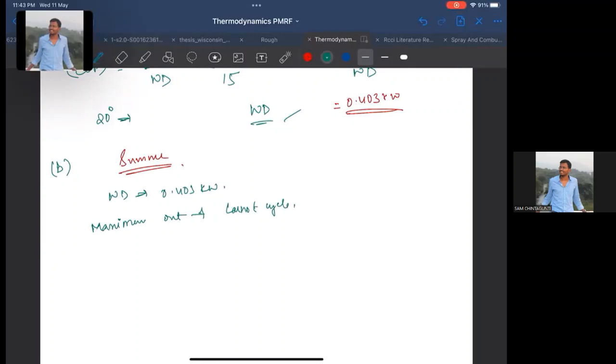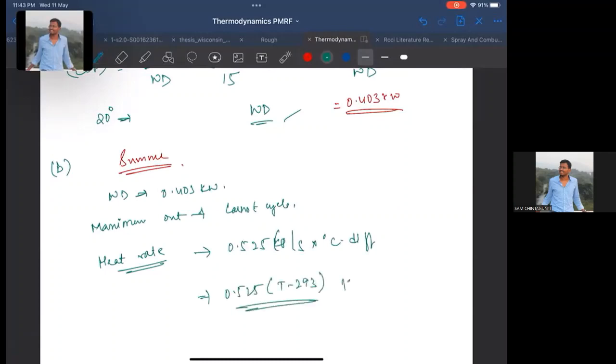So heat rate is same here also, and it is equal to 0.525 kilojoule per second into degree C difference. Here, what is the difference? So we write it as T minus 293, 0.525 into T minus 293. So this is the amount in kilowatts.